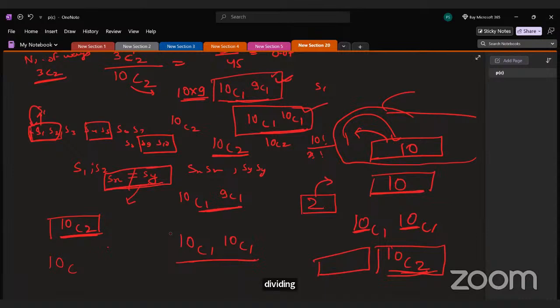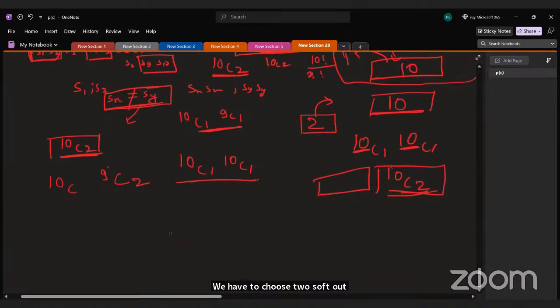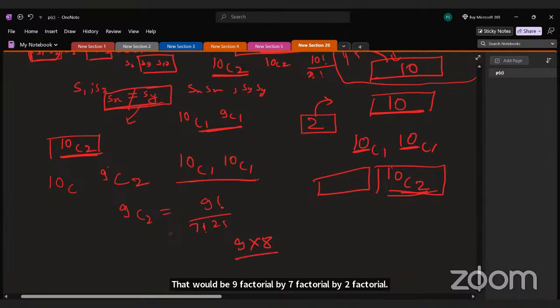Okay, wait. Let's do this calculation. We have to choose two socks out of nine socks. Then one way of choosing is 9C2. That will be 9 factorial by 7 factorial by 2 factorial. That will be 9 into 8 by 2.